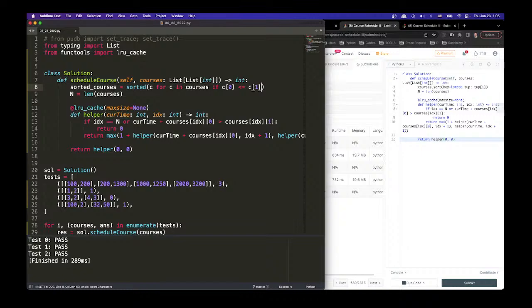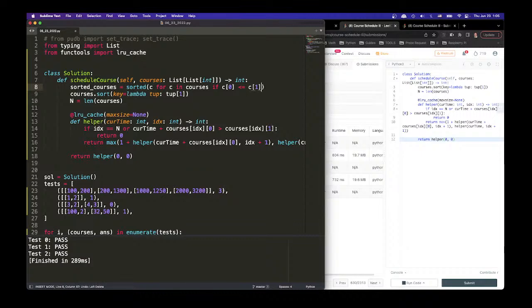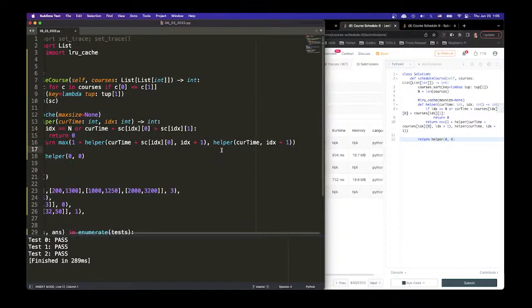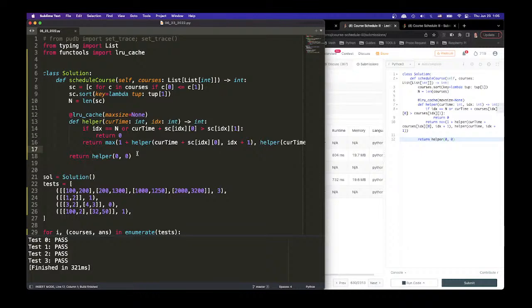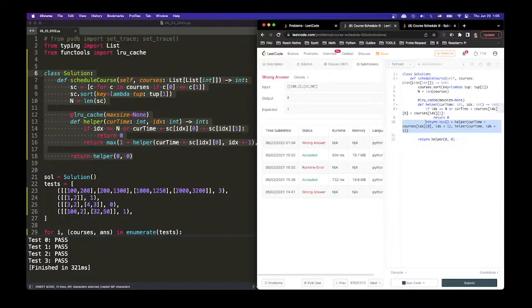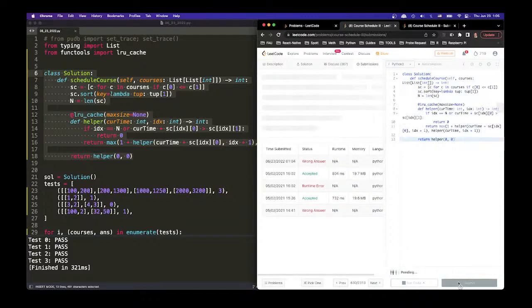Hold on. Then sort. Then change this, SC, let's call it SC. Okay. Try it again.